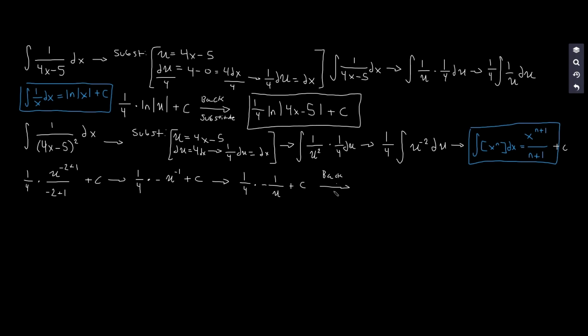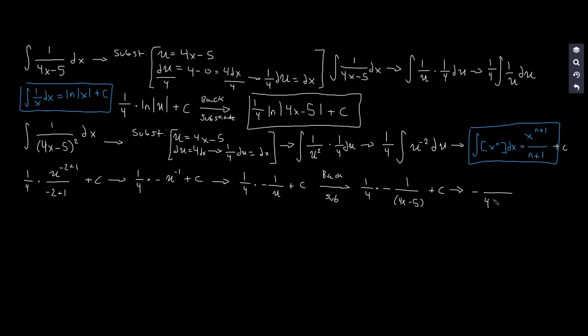So, back sub. The back substitution is going to be like, we're going to have 1 over 4 times negative 1 over 4x minus 5 plus c here. And so here, let me do that bottom there first. Well, can't forget that negative.